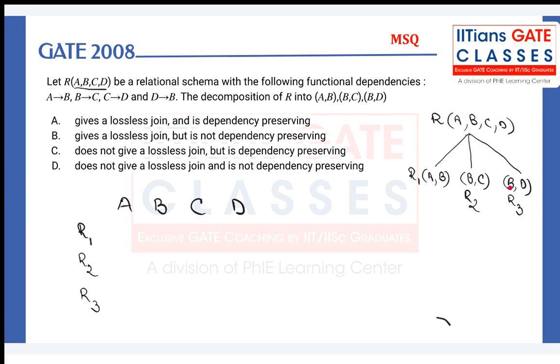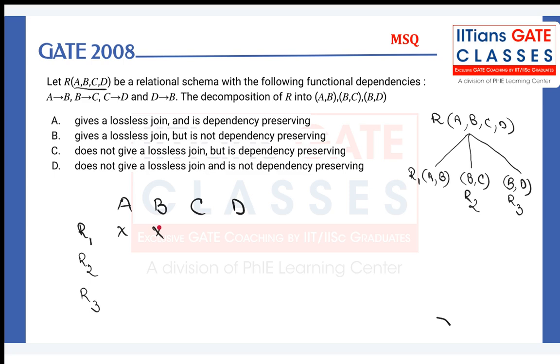Okay. Look at R1. R1 consists of the attributes A, B. So I mark A and B. Let's say I use a cross; you can use whatever you want.